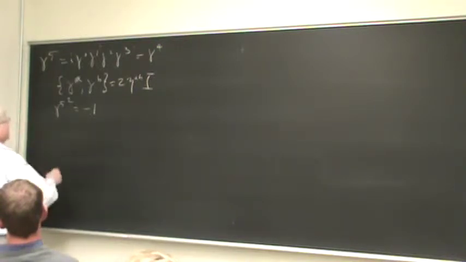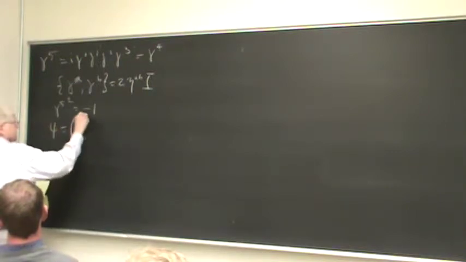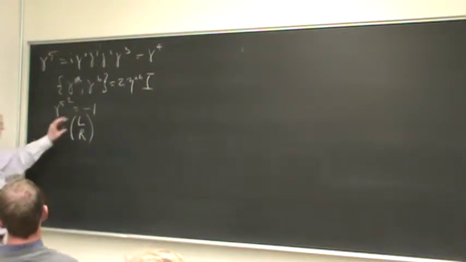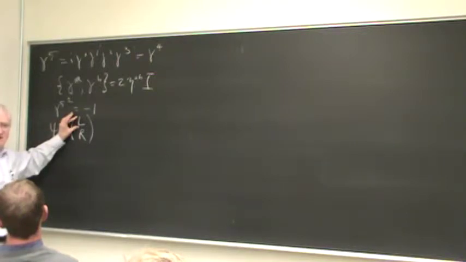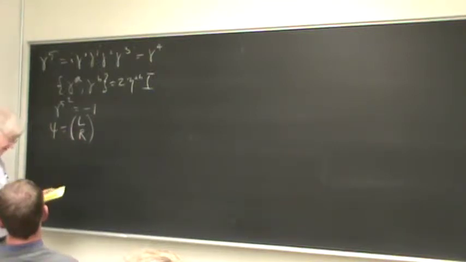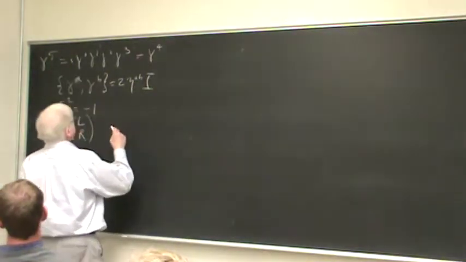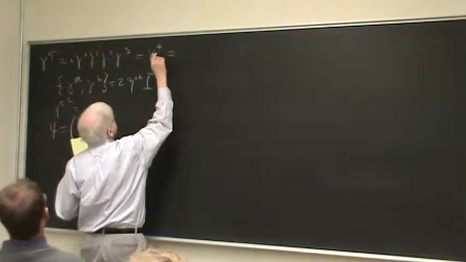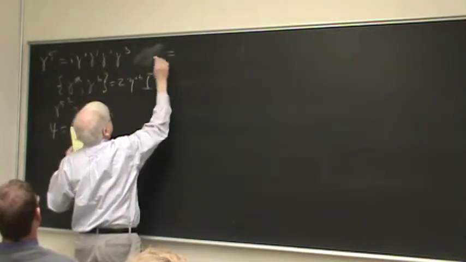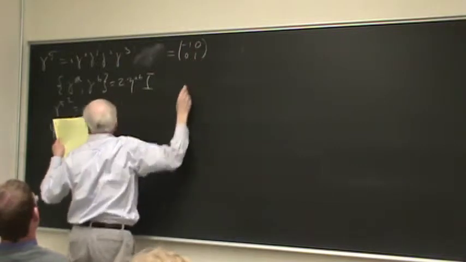This psi, I'm going to use a somewhat abbreviated notation. Remember, this is the 2-component left-handed, the 1/2 0. This is the 2-component right-handed, the 0 1/2 representation. And this gamma 5 actually, in this notation, turns out to be minus 1 0 0 1.